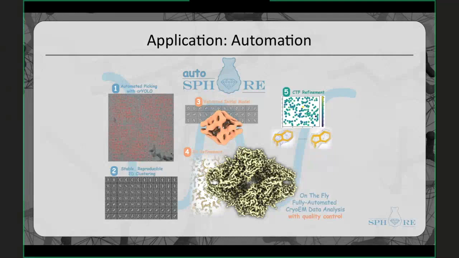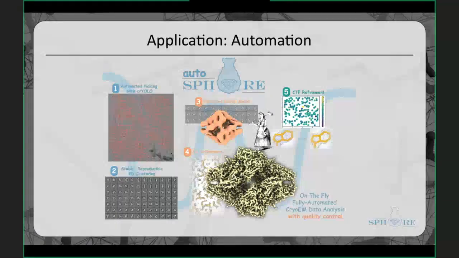But in the step between 2D clustering and the initial model, you need a manual selection of 2D classes, the good 2D classes, because you want to sort out the bad ones. And that was the reason why we developed Cinderella, to do that automatically, so that we don't need user input at this point.